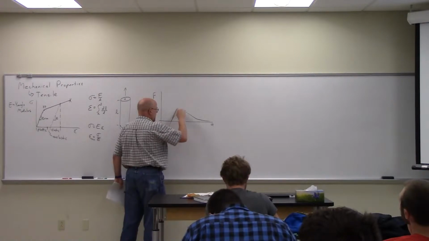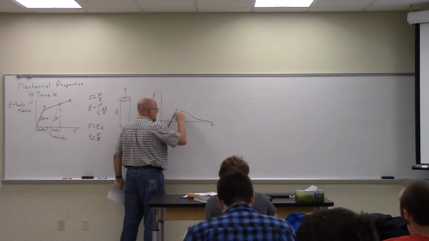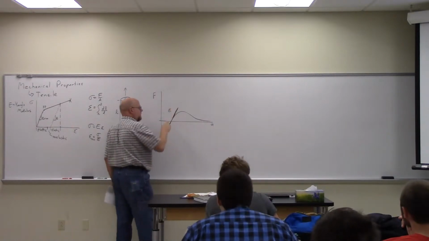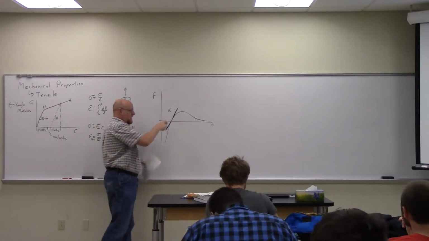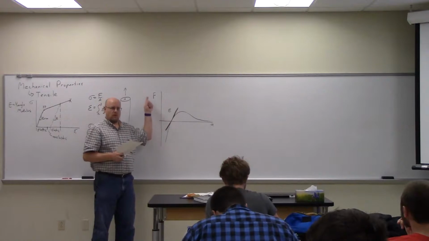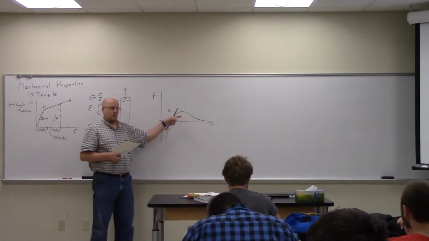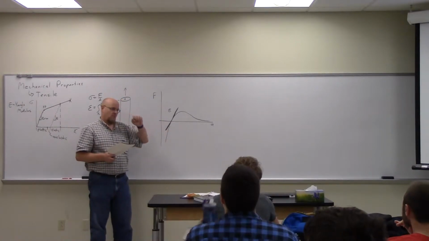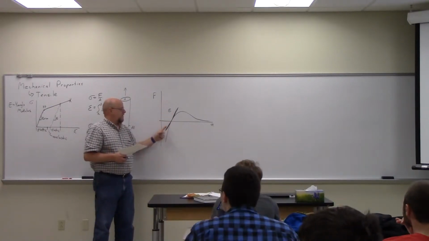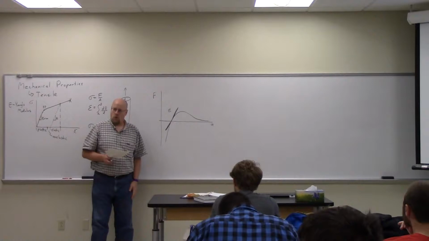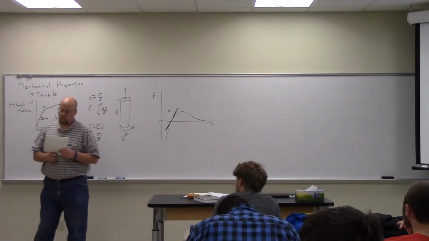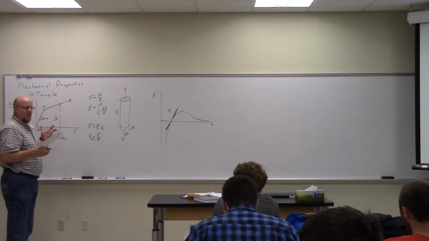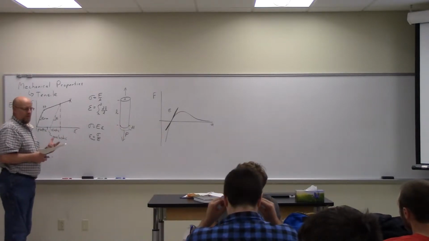So the slope along this line, the tangency there, that gives me my E. That isn't E because the units are not the right units. What's A? The atomic spacing. But E is derived from the slope at that point, where A equals A naught, the sort of rest state of the material.